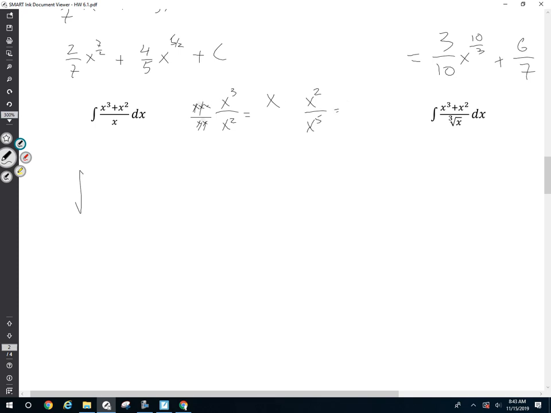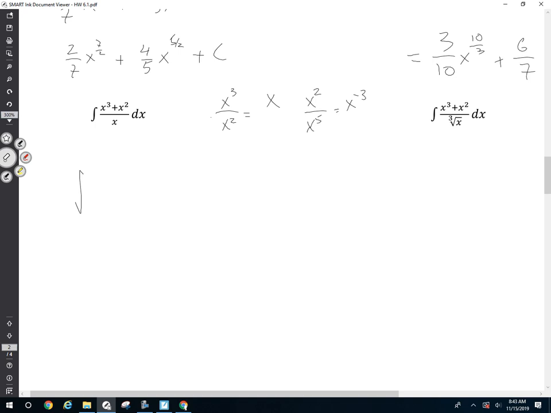It'd be the same thing here. I'd end up with 3 x's in the denominator over 1, or you could write it as x to the negative third, which is probably what we're going to want to do anyways, so that we can then take the antiderivative using the power rule.